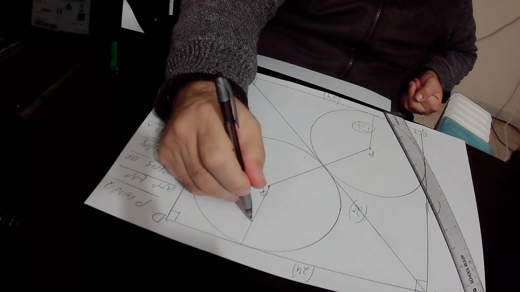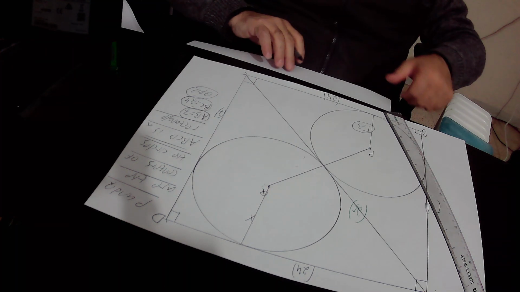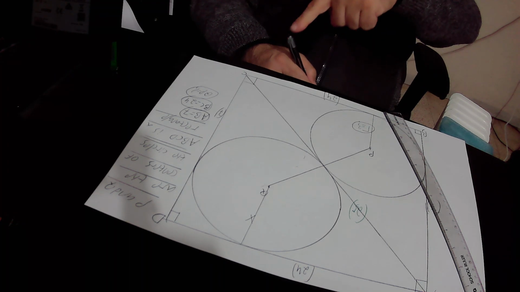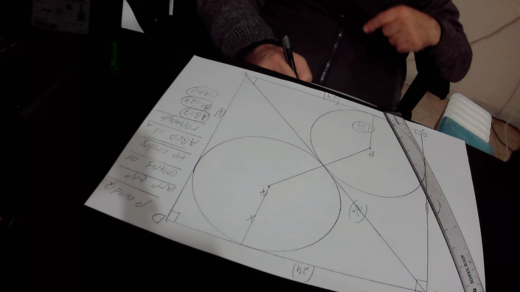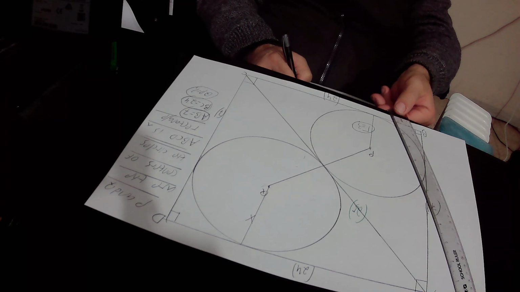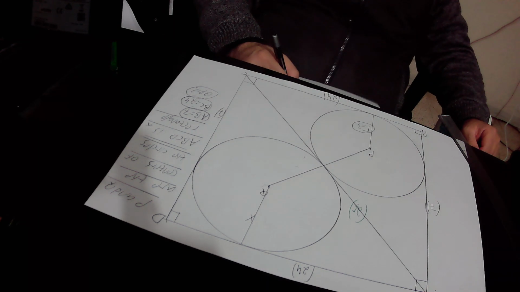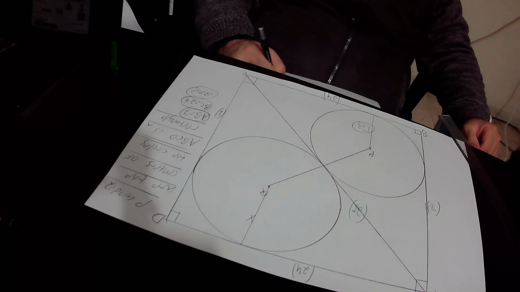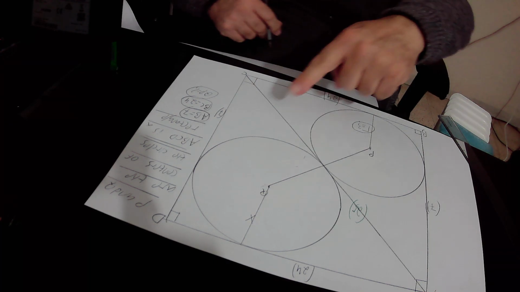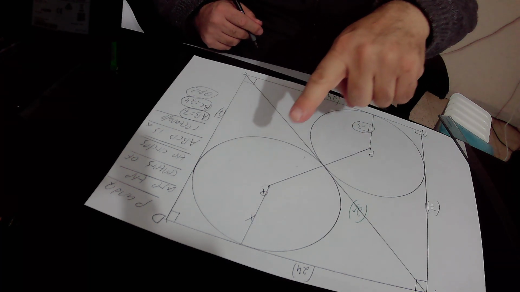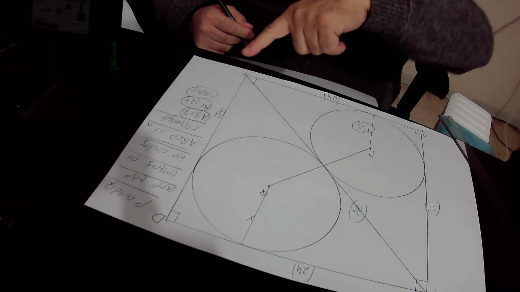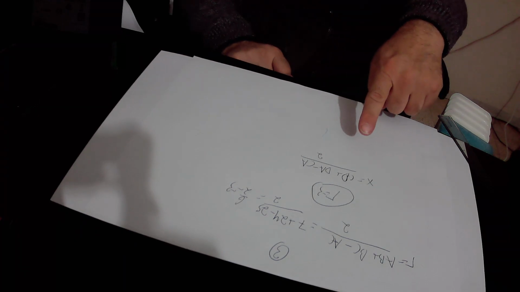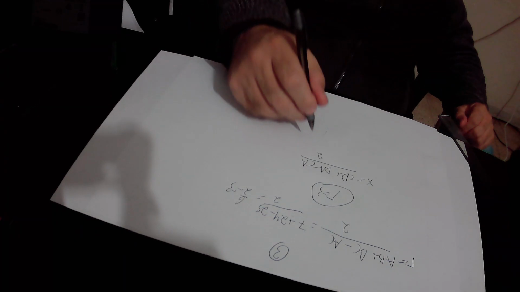We define the radius of this circle as X. So the radius X of this circle must be equal to CD plus DA minus the hypotenuse CA over 2. Repeat again, the radius of this circle, that is X, blocked by the right triangle CDA, must be equal, according to the new formula, to CD plus DA minus CA over 2.